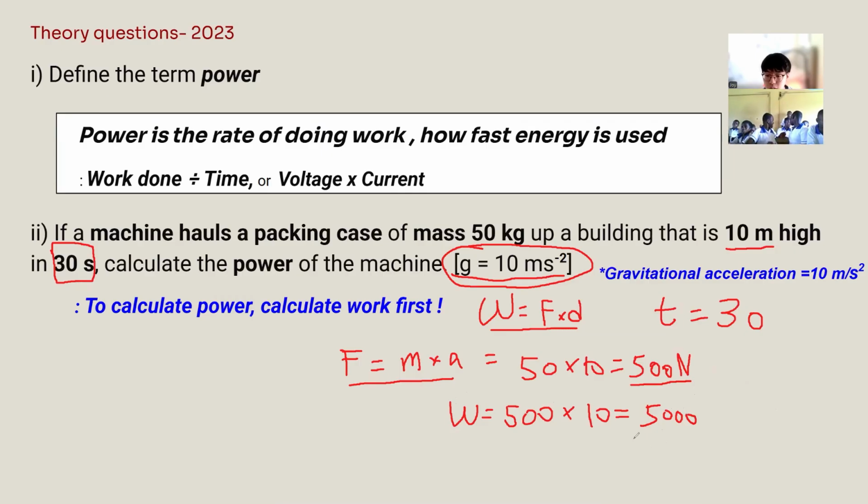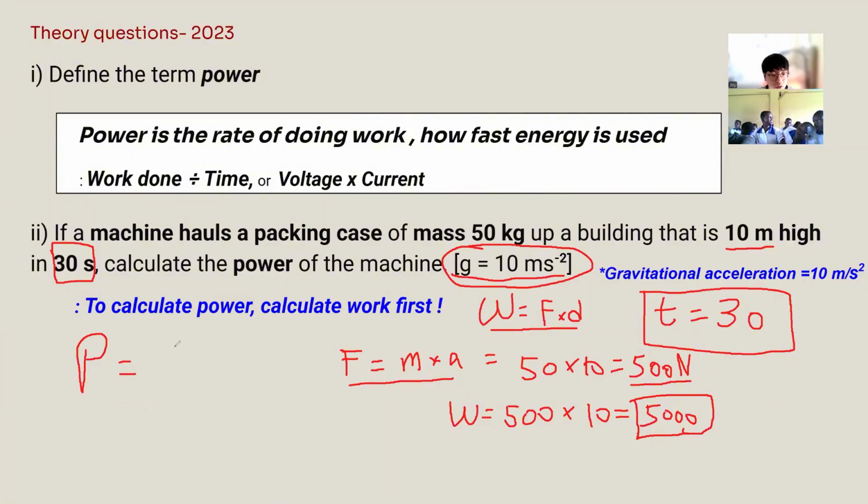So what is power now? Can you guys solve it? Work is 5,000, time is 30.